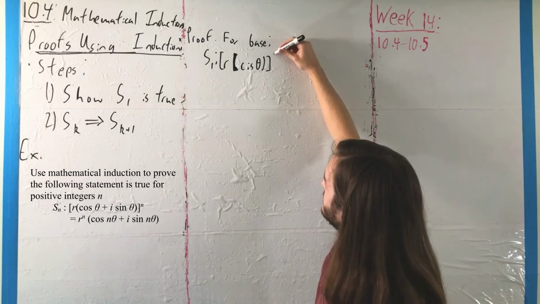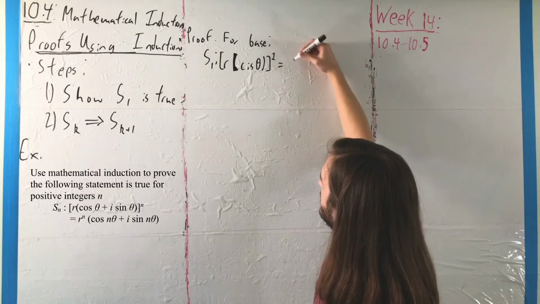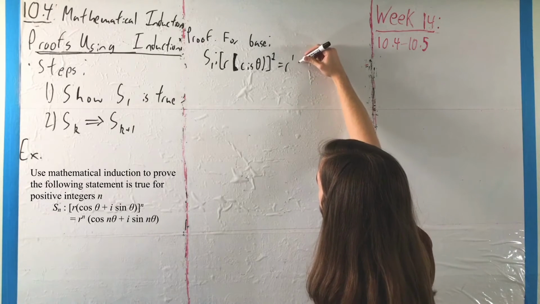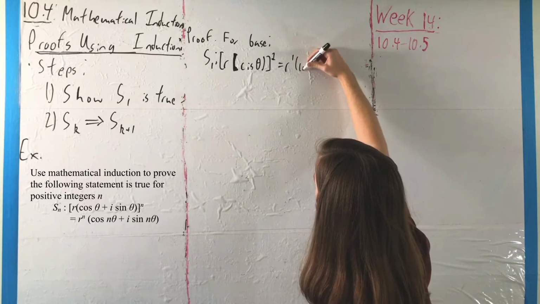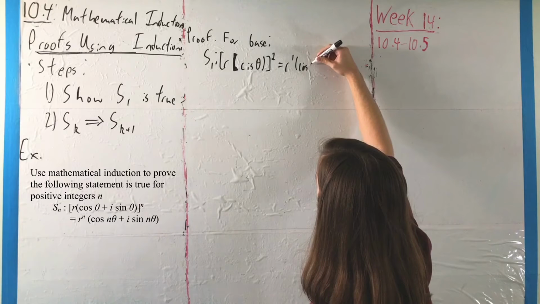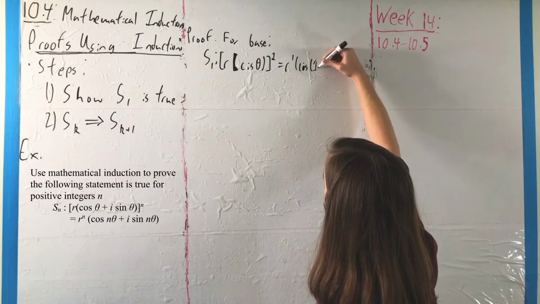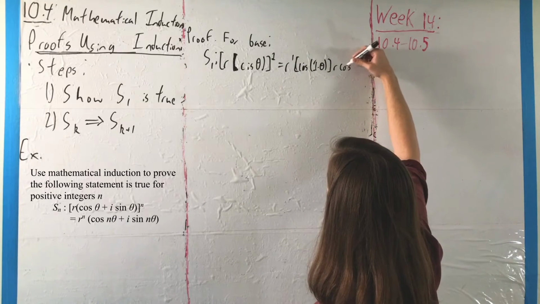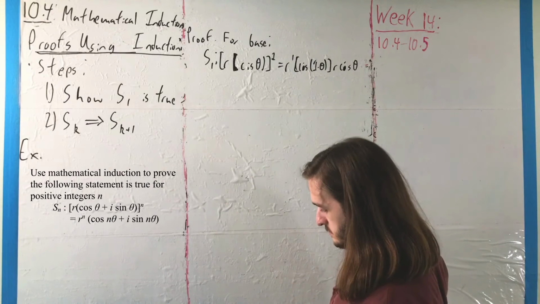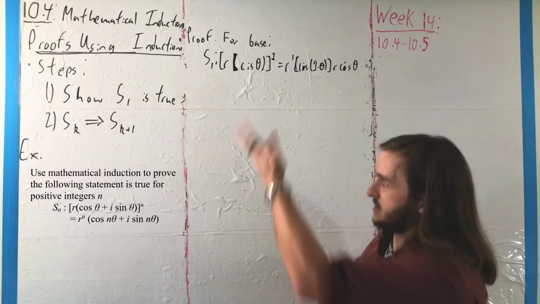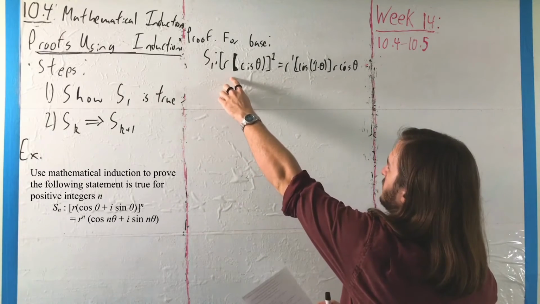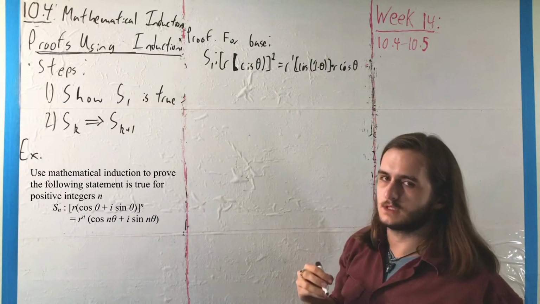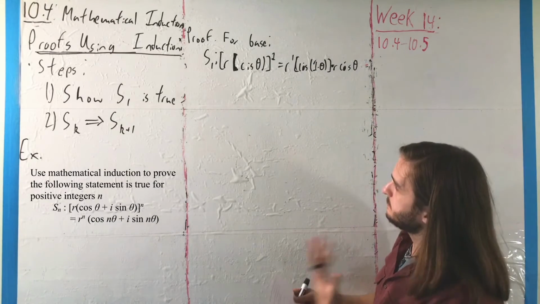But we're going to say that that raised to the power 1 is equal to, well, r to the 1 times CIS of 1 times theta, or r times CIS theta. Okay, hopefully we can tell that that's definitely true, that something raised to the first power is just, well, the something. So we have that the base case is true.